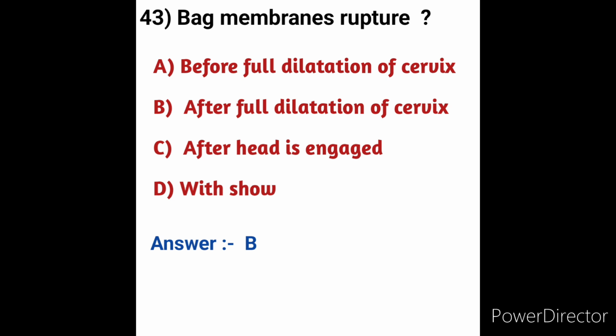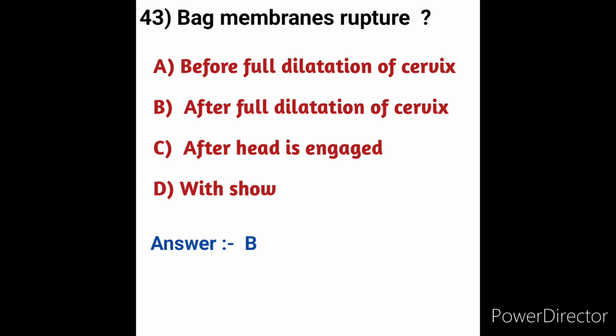When the water breaks early, it is called premature rupture of the membranes, PROM. When the amniotic fluid leaks before 37 weeks of pregnancy, it is called preterm premature rupture of the membranes. Here option B is the correct answer. The bag of membranes ruptures after full dilation of the cervix.